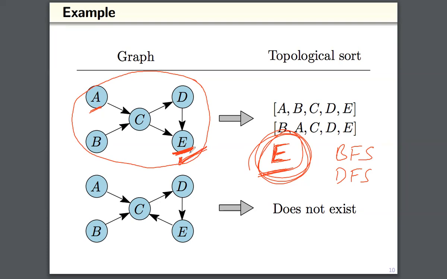Well, this is a directed acyclic graph. What if the direction is the opposite, like goes the other way? Then you can start with E, right? No. Even with this, you can start with E in BFS or DFS if the constraint to follow alphabetical ordering is not given. But isn't this a directed acyclic graph?